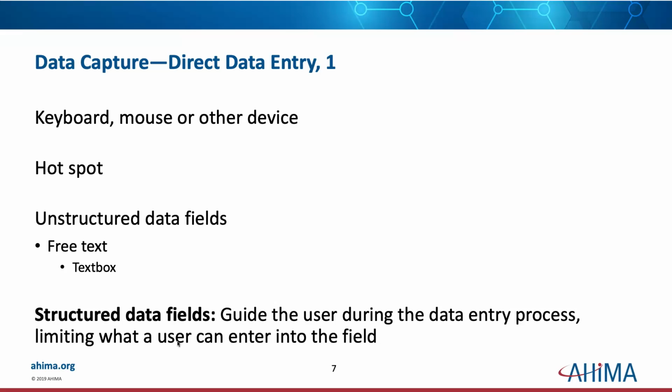Just saying from experience, when you have unstructured data fields and anyone can type anything in, the quality of that data is not going to be as good as using structured data fields. But the good part of using unstructured data fields is you may collect information that you didn't even know was available or needed until after you collect it through that free text. So you've got those opportunities there.